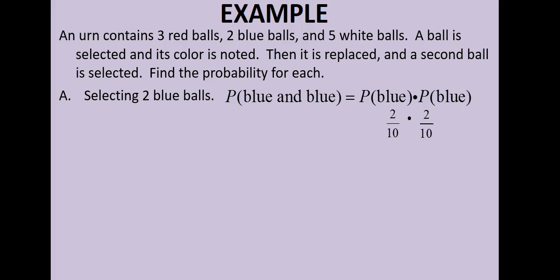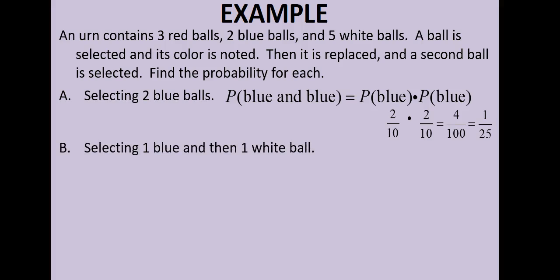And when we multiply with fractions, it's very simple. You just multiply across the top, 2 times 2, and then you multiply across the bottom, 10 times 10, and we get 100 on the bottom, 4 on top. 4 over 100 simplifies to be 1/25. So in this scenario, the probability of drawing a blue ball on the first, putting it back and drawing a blue ball on the second would be 1 out of 25, or 1/25.